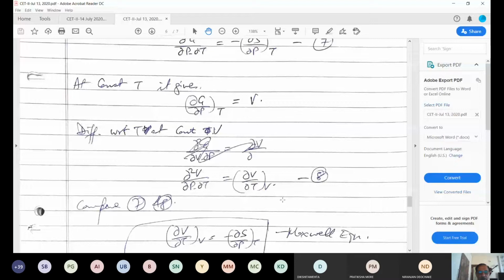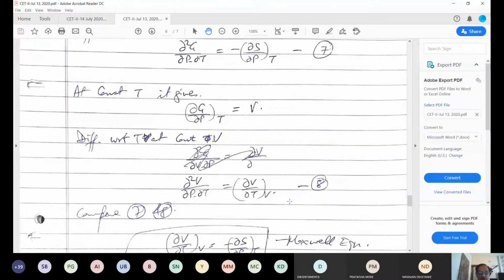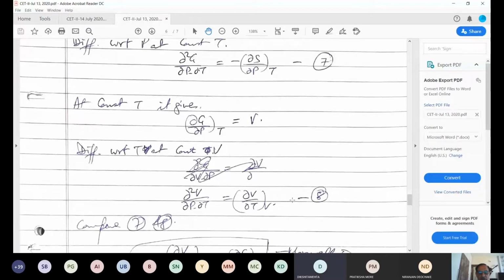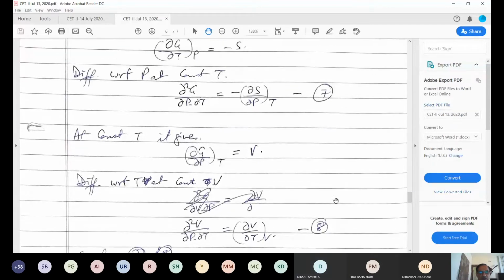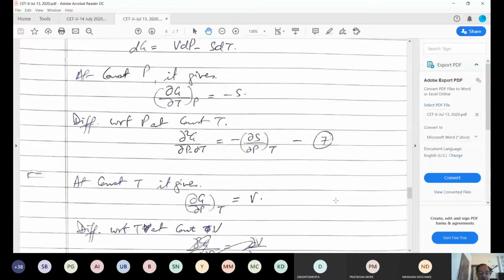You're talking about equation 8, is it? Yes, sir. Let's see. Yeah, it should be delta P. Yeah, it's a mistake here. Here it should be G, it should be P here.